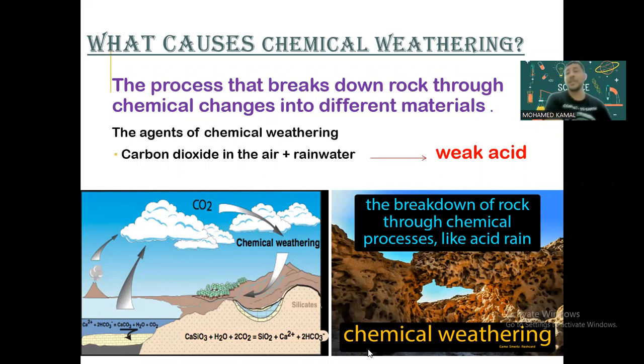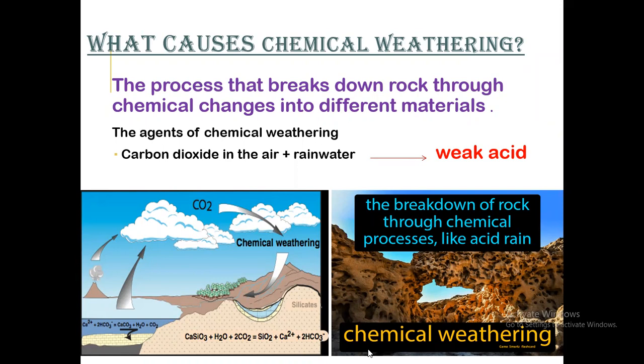All you need is small pieces of chalk, like this one, and vinegar. Put small droplets of vinegar on these pieces of chalk, and immediately you will notice how the chalk is broken down into smaller pieces, or like it is melting. That's an example of vinegar, a weak acid, falling on a sedimentary rock like chalk and causing chemical weathering.